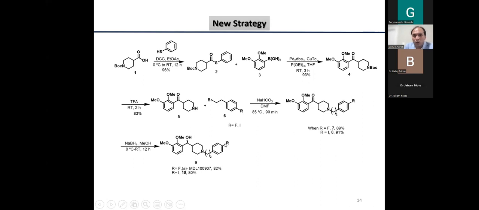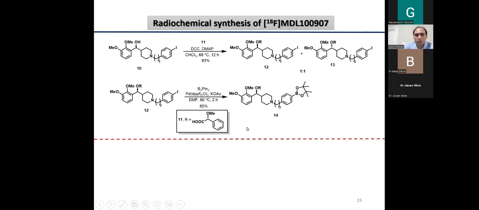Having this iodo compound in hand, this iodo compound is in racemic form, and we need a specific chiral R compound. So at this stage, we separated this racemic compound by making a diastereomer with a chiral moiety.